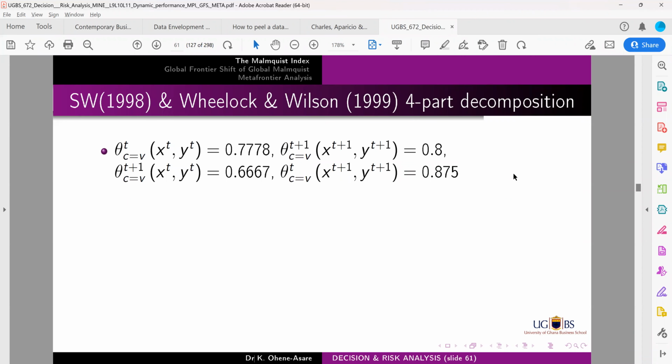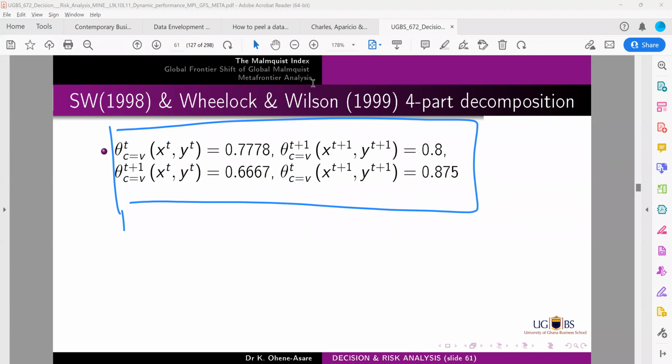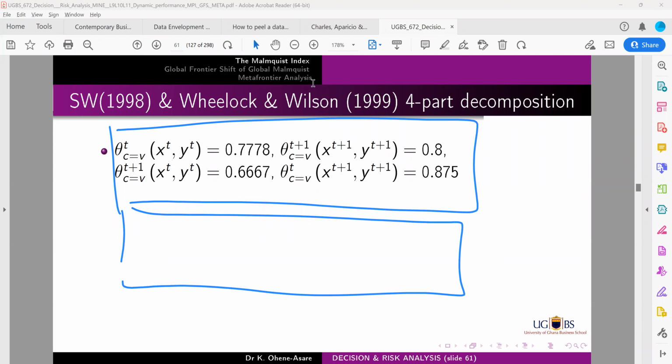If they were not the same, I would have given you different scores. These are 4 different efficiency scores. I would have given you another 4 different efficiency scores for the VRS. So that becomes 8 different efficiency scores, which you will use and substitute. But in this case, they are the same, so you're going to use the same thing in the substitution.